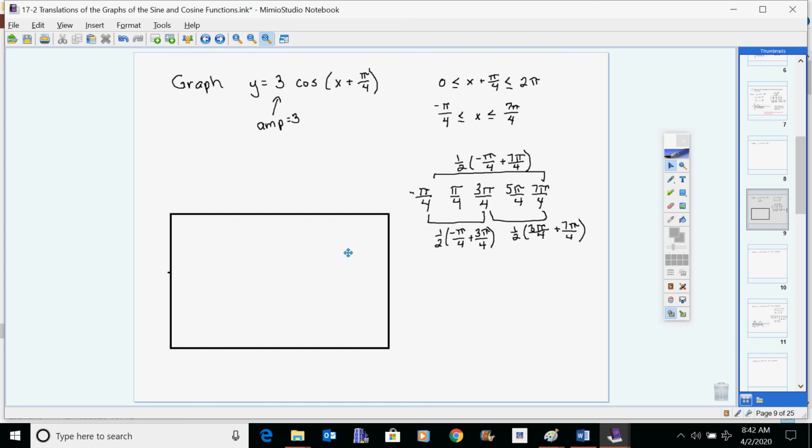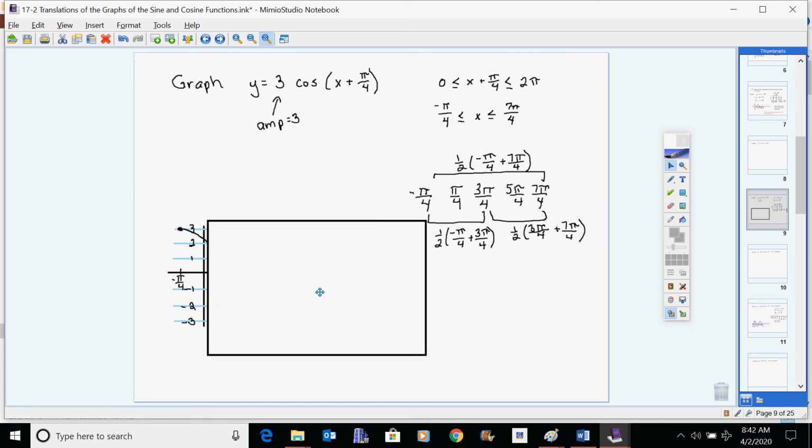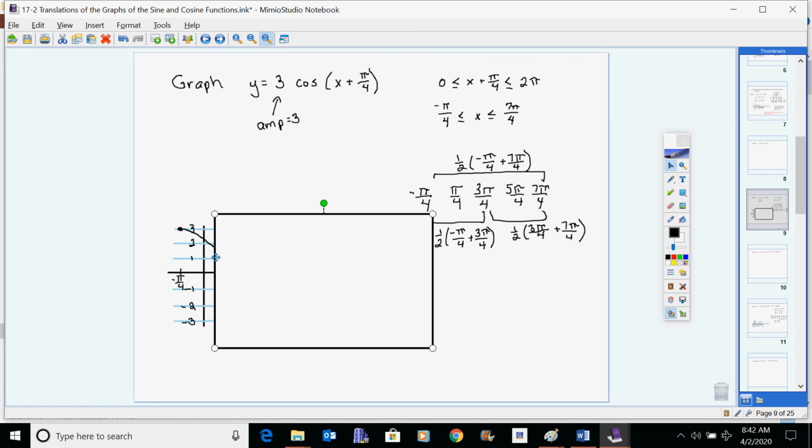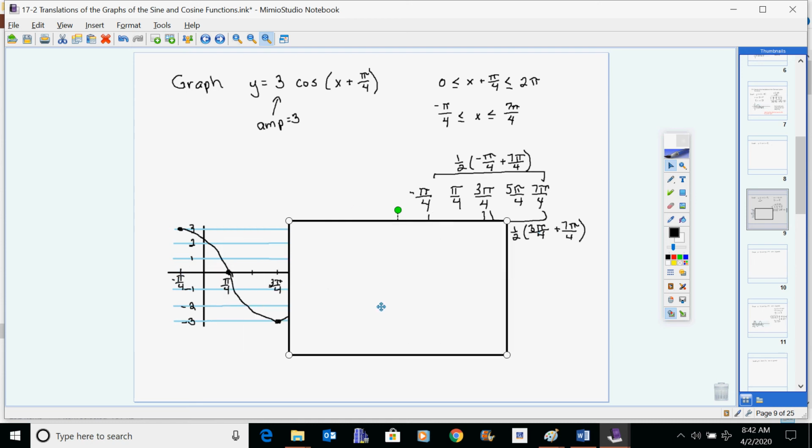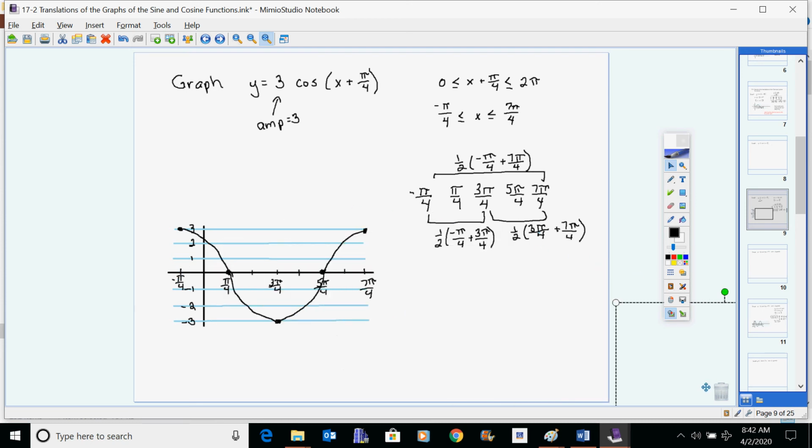So when you make your single period for this graph, what you'll do is make sure that you're going to go up 3 and down 3 from your 0 baseline. Your important spots are going to be negative pi over 4.